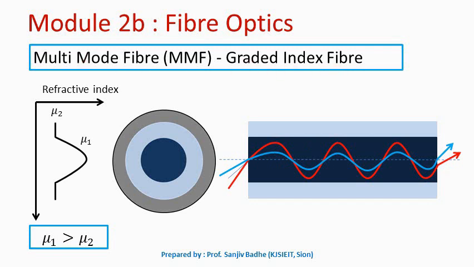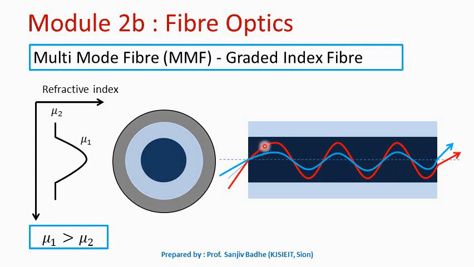Graded index multimode fiber. In graded index multimode fiber, the refractive index of the core is not constant. Refractive index of the core is maximum along the axis, and it gradually decreases as we go towards the cladding. Refractive index of cladding is mu2. Now because the refractive index of the core is not constant, the light rays will not follow a straight line path inside the core, but rather will travel this type of path.